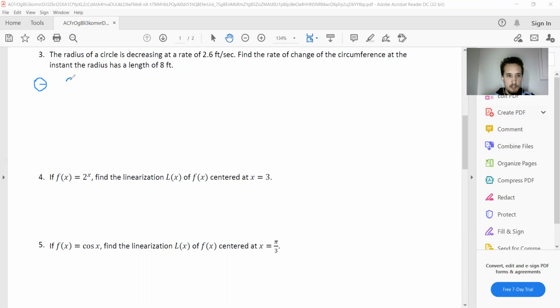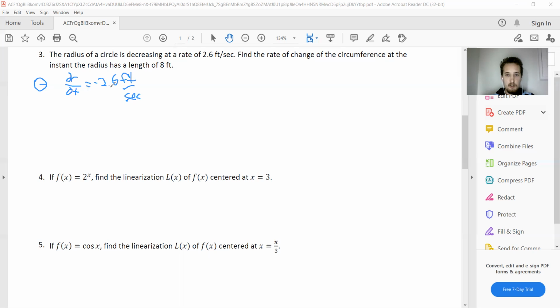So the radius is decreasing, dr/dt, radius over time, is decreasing, so it's negative 2.6 feet per second.